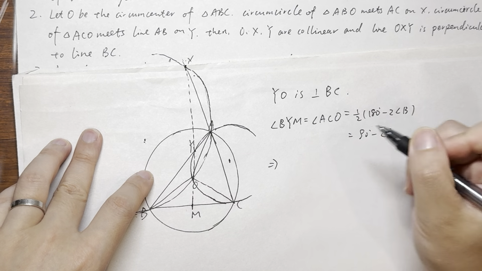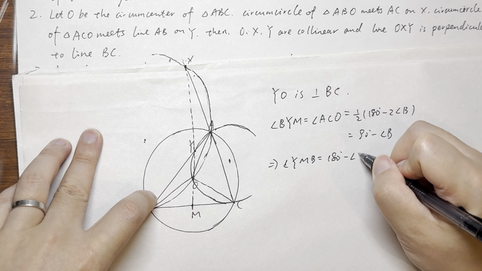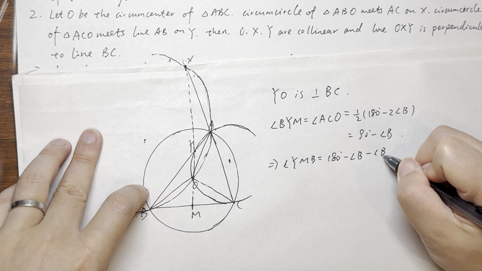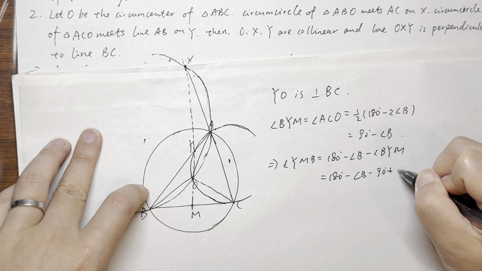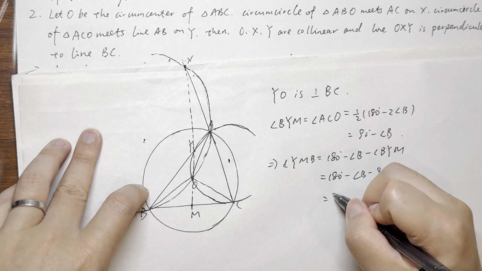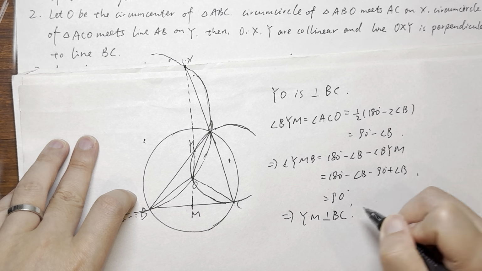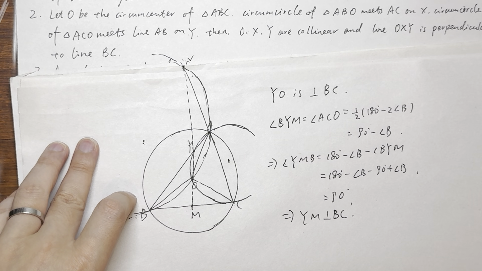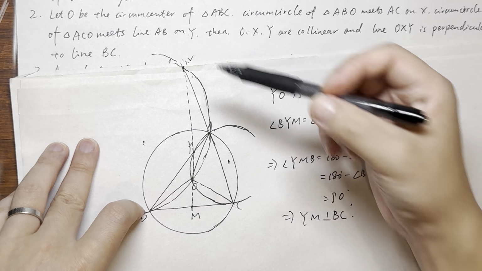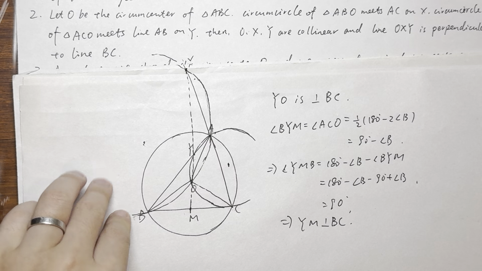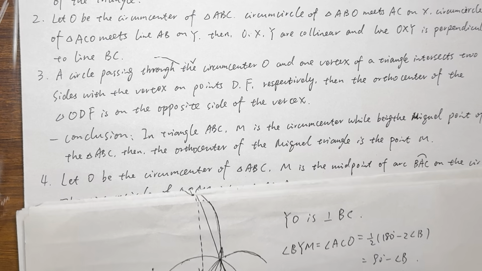So angle YMB equals to 180 degrees minus angle B minus angle BYM, so it equals to 90 degrees, which means YM is perpendicular to BC. And we know M must be the midpoint of BC, right? Similarly, we can do the proof for the point X. Then X, Y, O are collinear. Okay, let's move on to the next one.